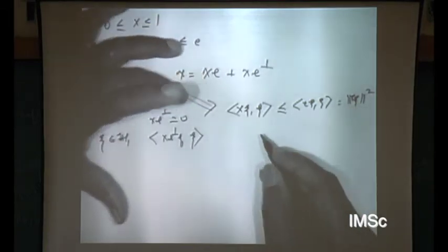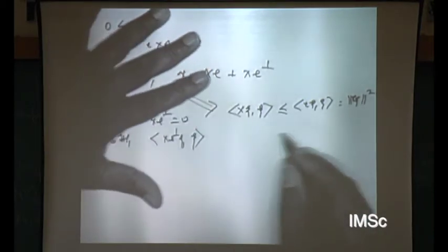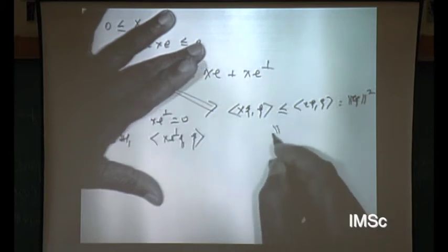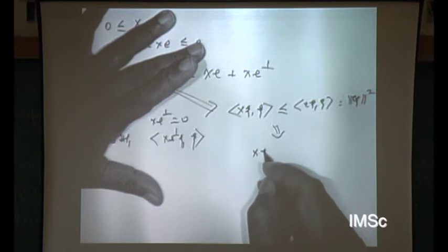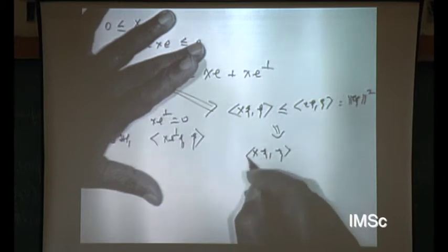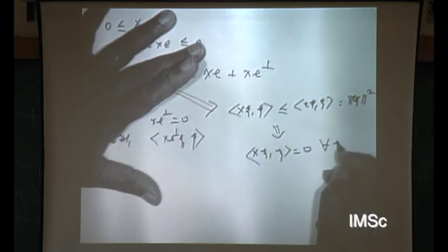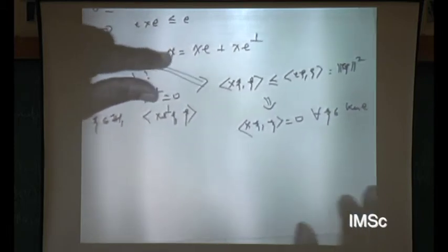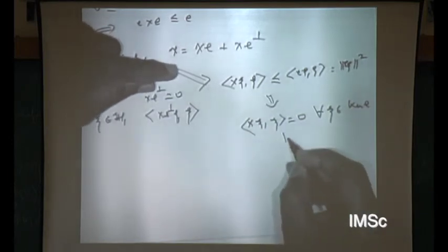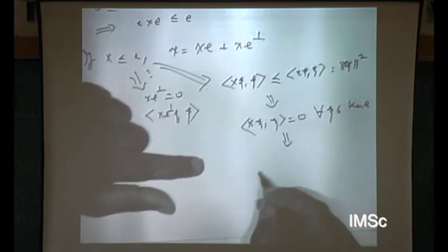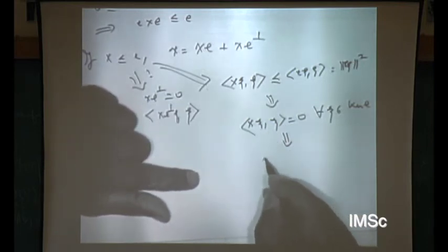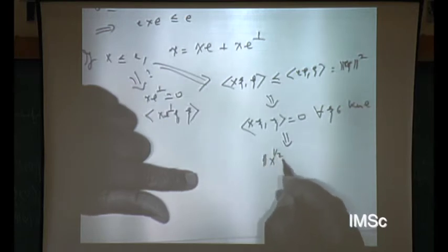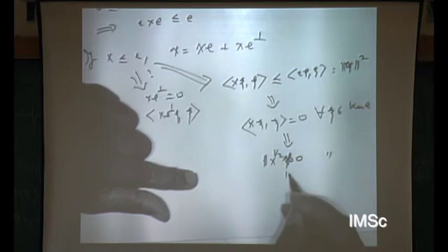So this means that <x z, z> is 0 for all z in the kernel of E, which is the range of E perp, right? But x is positive, so this I can write as the norm of x to the half z squared is 0. That is, x is 0 on it.